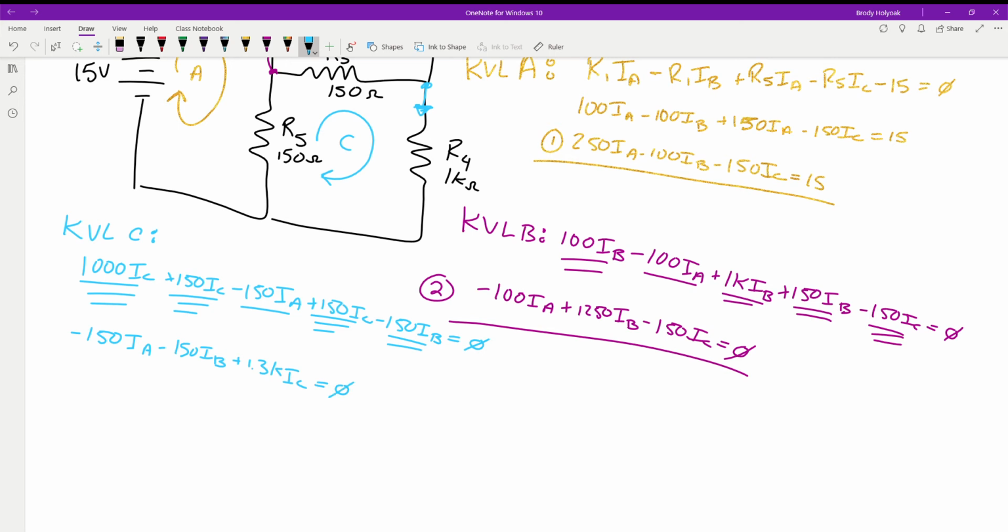We set that all equal to 0. Why is that? Well, good. Now we can increase your knowledge.